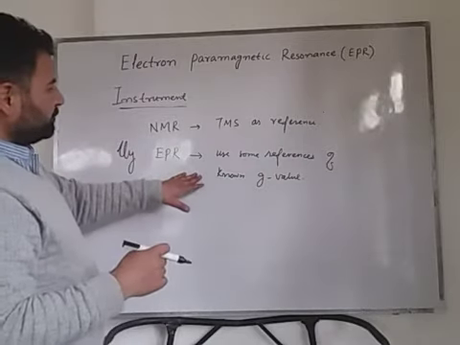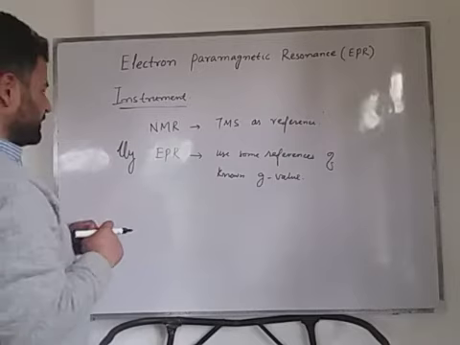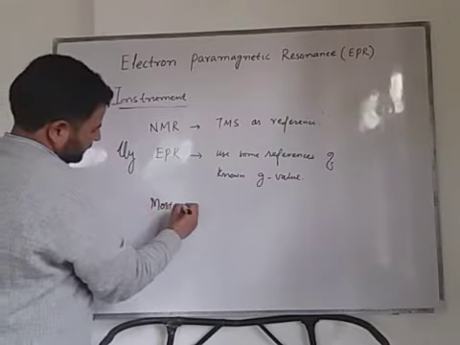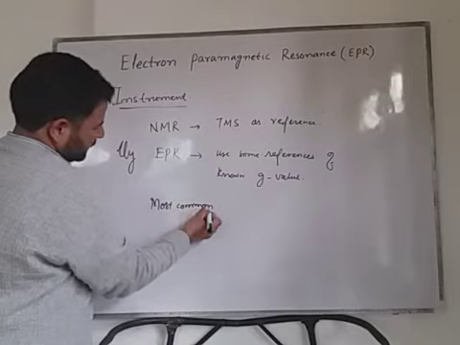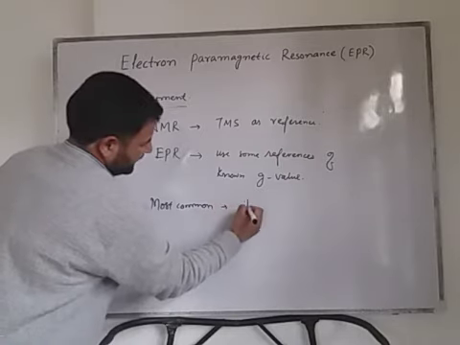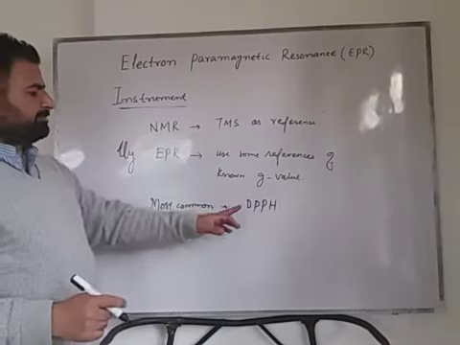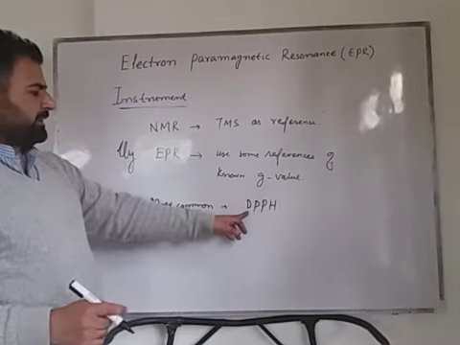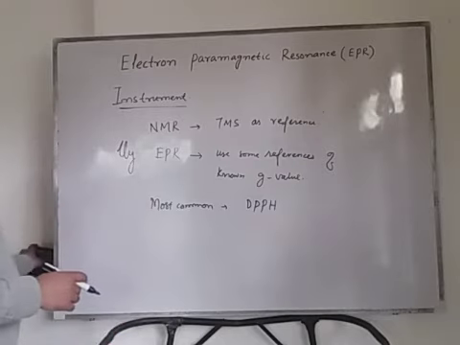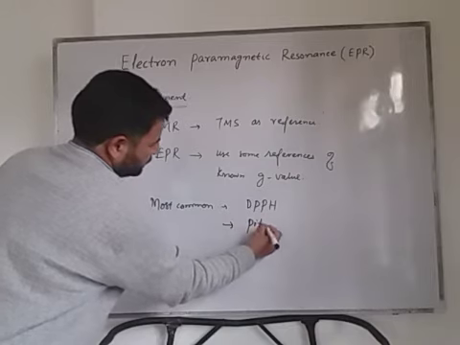So in EPR spectroscopy, we also use some references. The most common reference is DPPH. DPPH is diphenyl picryl hydrazine cation, and sometimes we use pitch also.